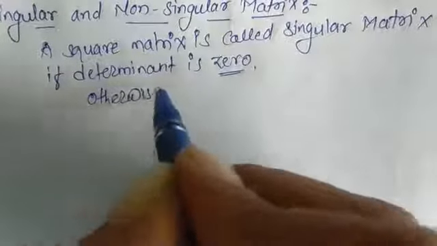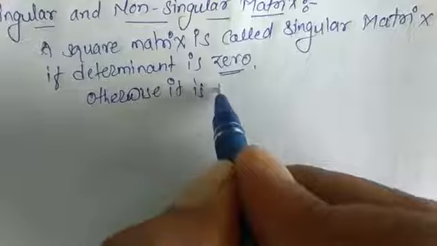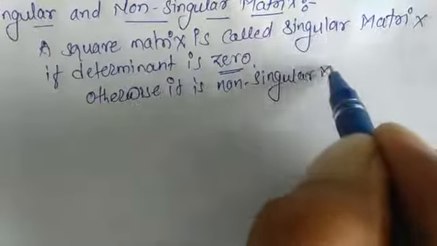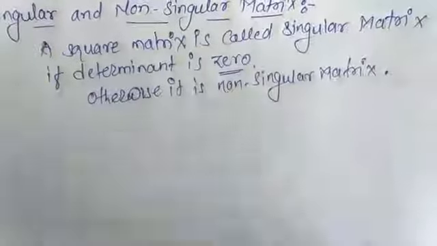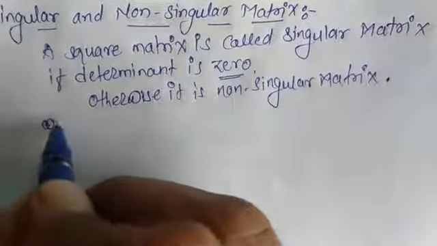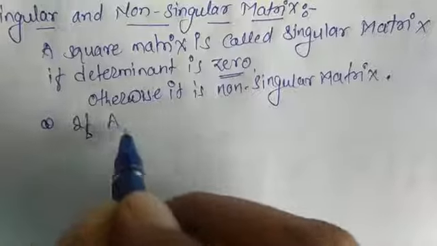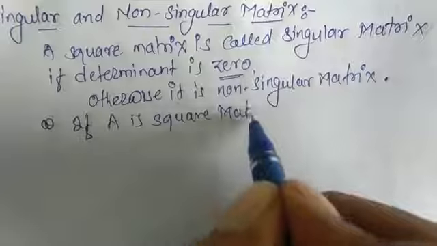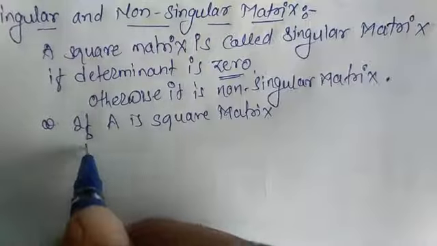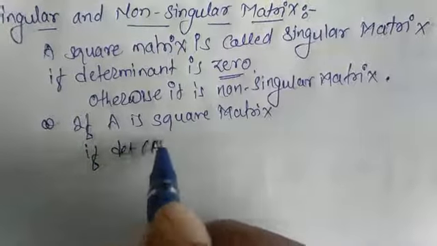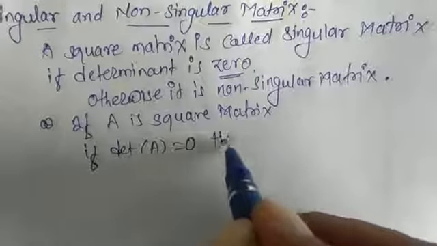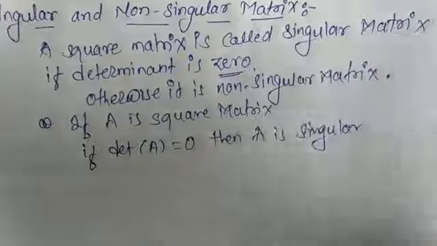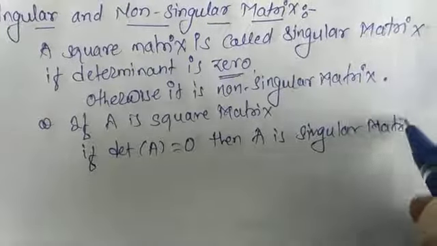That is, if A is a square matrix and the determinant of A is equal to 0, then A is a singular matrix.